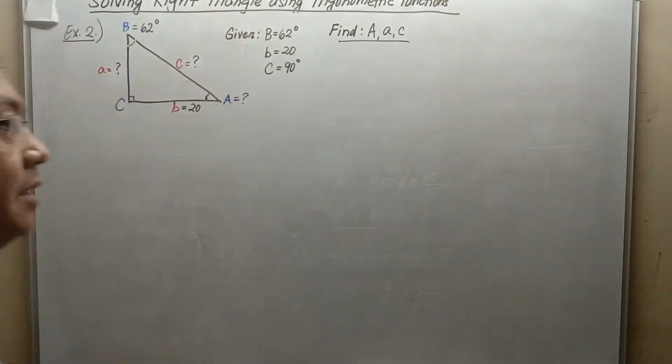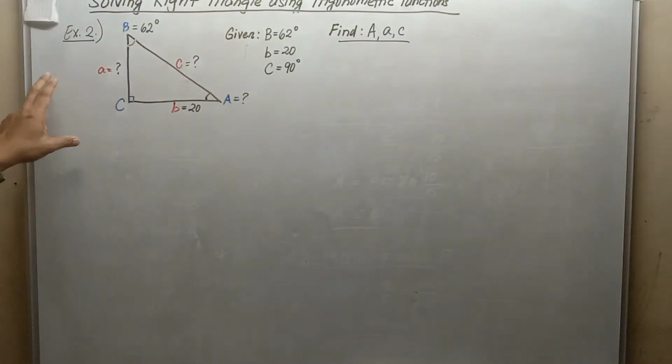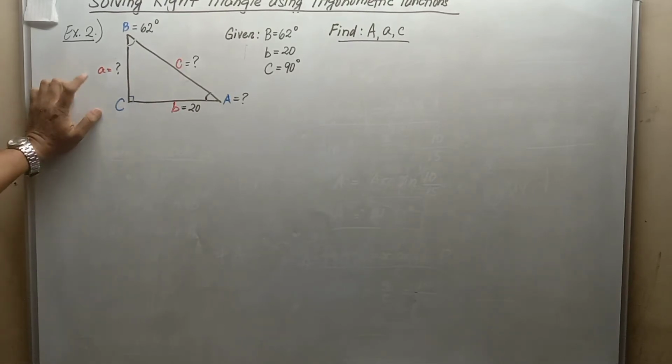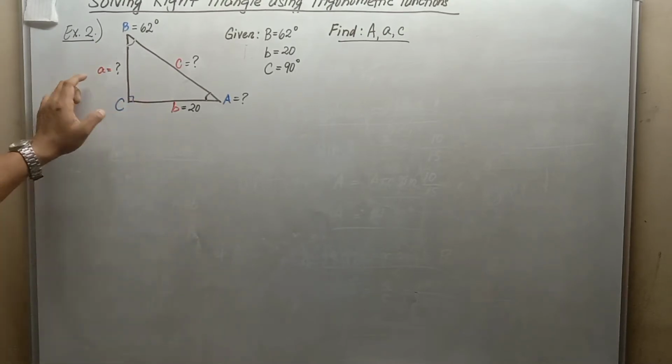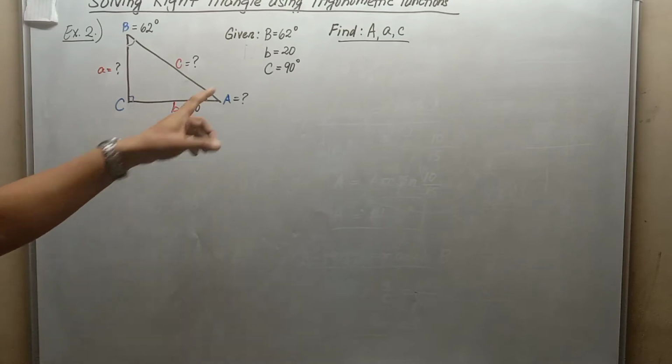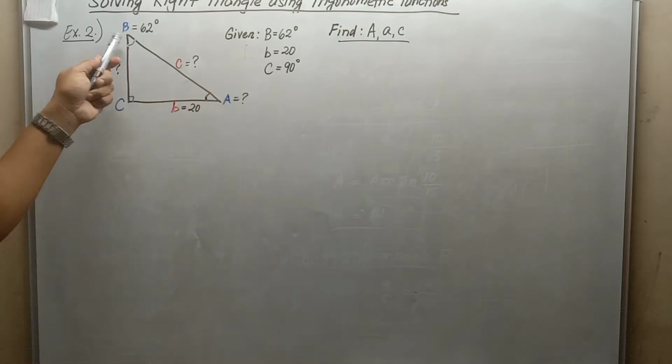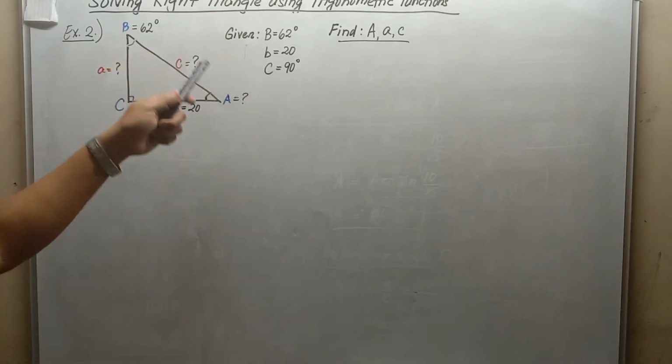Okay, guys, we're back. I have here a second example problem regarding this triangle using trigonometric functions. As you can see here, guys, our right triangle ABC and the three sides A, B, and C. Now the given here is angle B, which is 62 degrees.